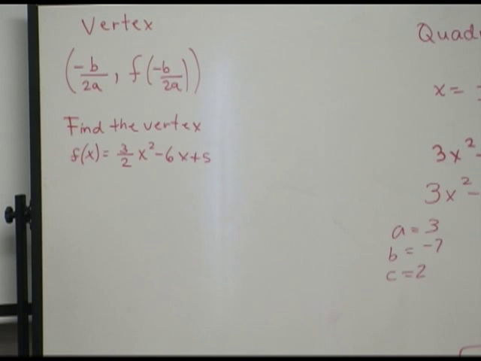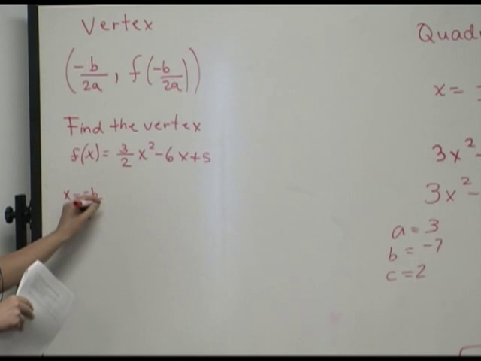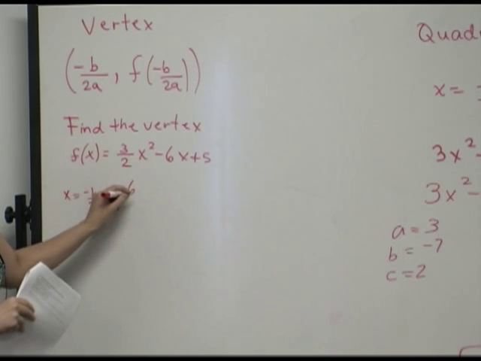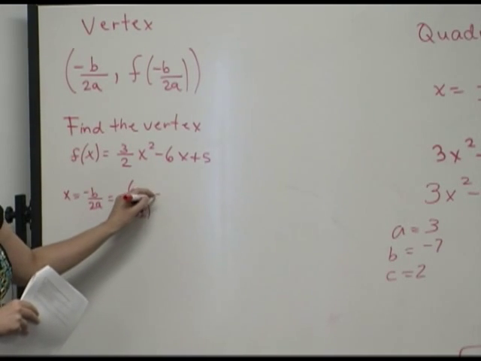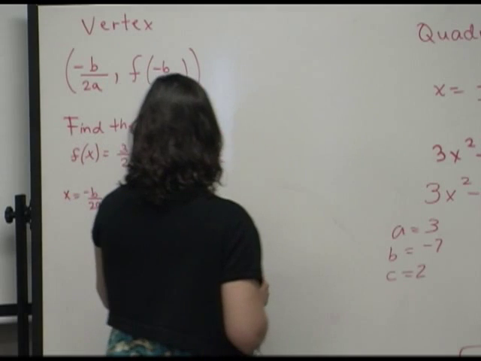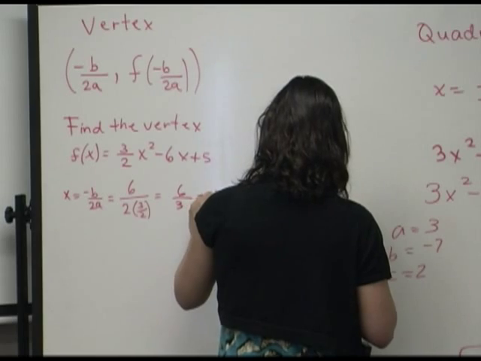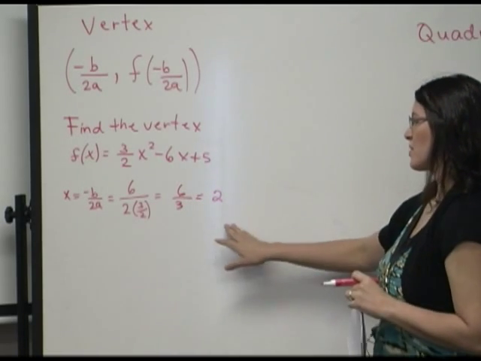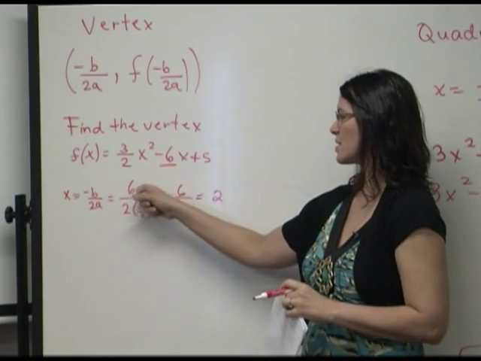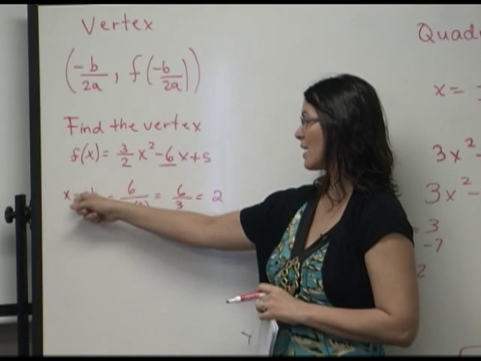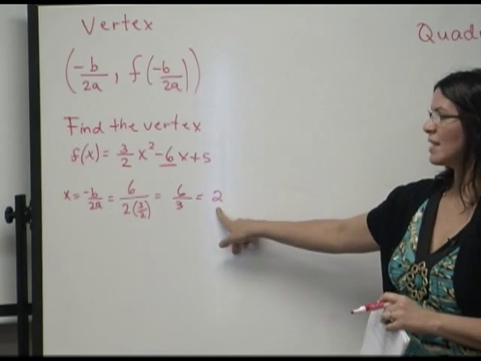Find the vertex. Six over 3. We found the x, right? Minus b over 2a. Again, this b, negative 6, becomes positive with that negative sign, over 2 times a, and a is 3/2. Okay, you find the x. How do you find the y?